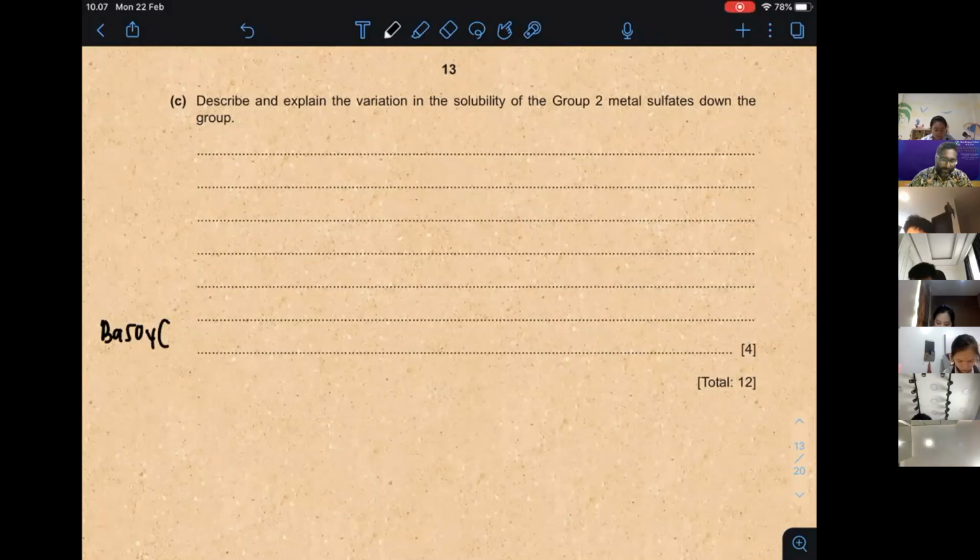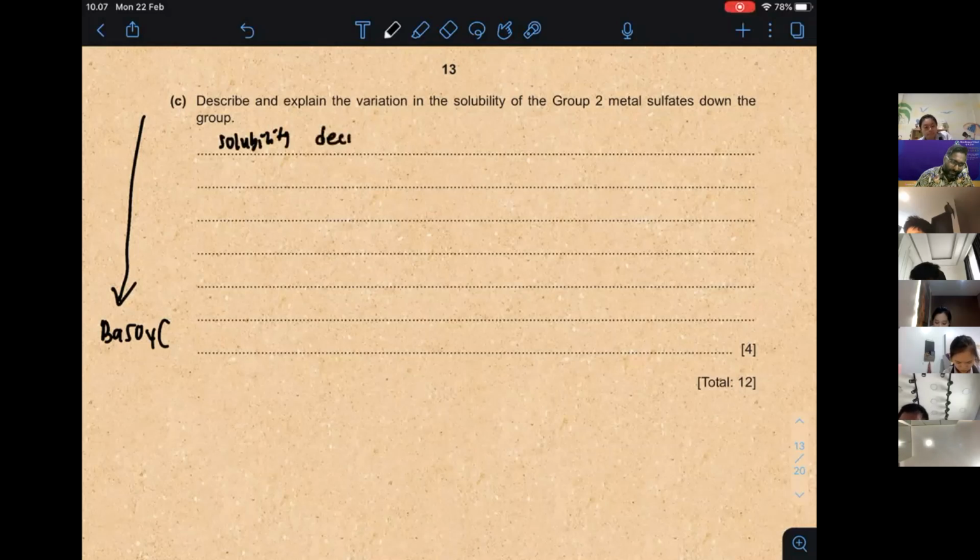So as you go down, the solubility of sulfates generally decreases. So you just need to explain less soluble. This depends on lattice energy and also the enthalpy of hydration.